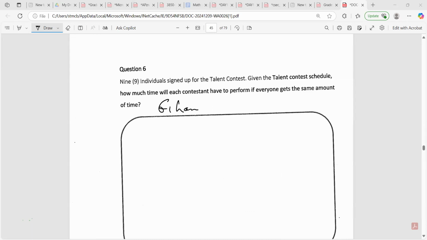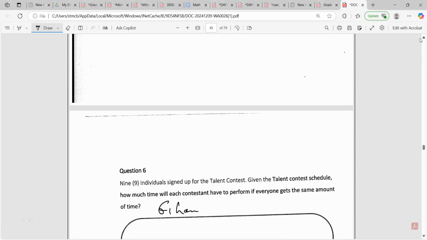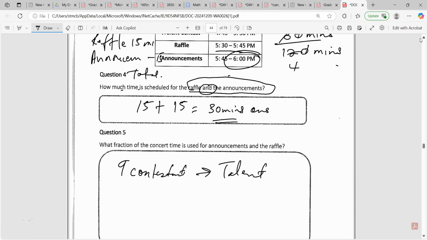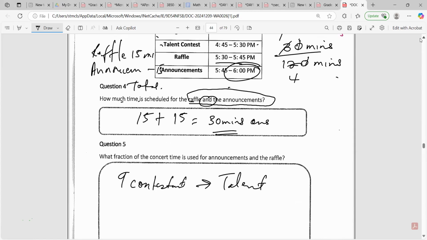All right, go ahead, Inmar. Sir, when it said 9 contestants, and when you look at the talent contest from 4:45 to 5:30, that is 45 minutes.